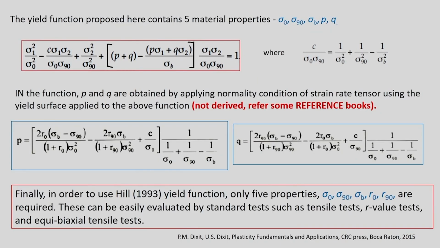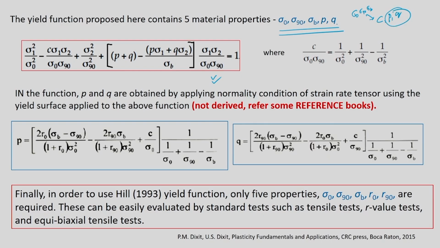As I told you before, this yield function has 5 different parameters: sigma 0, sigma 90, sigma b, and then P and Q. I said C, P and Q, but C depends on sigma 0, sigma 90 and sigma b. So with respect to this equation, P and Q can be evaluated.